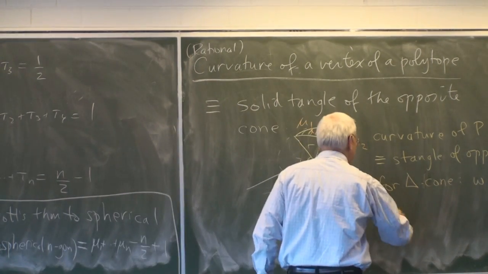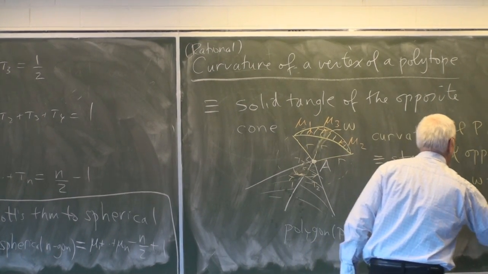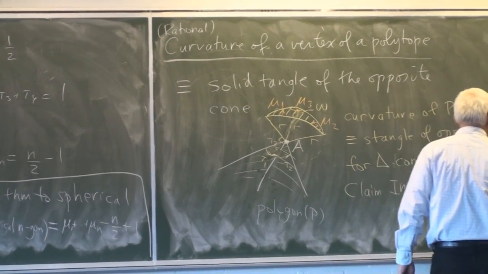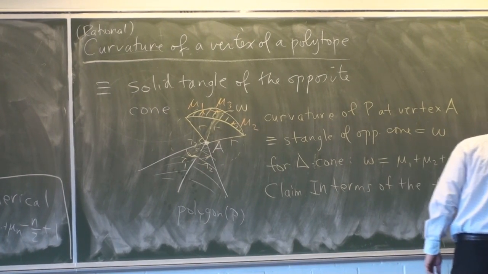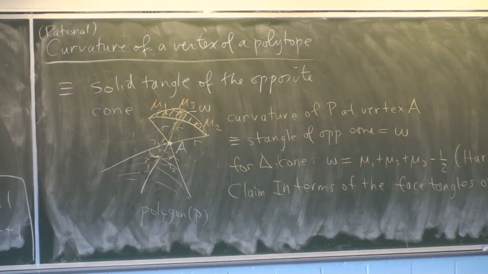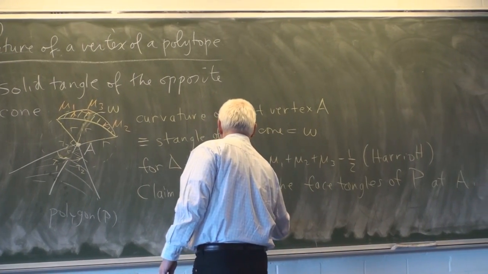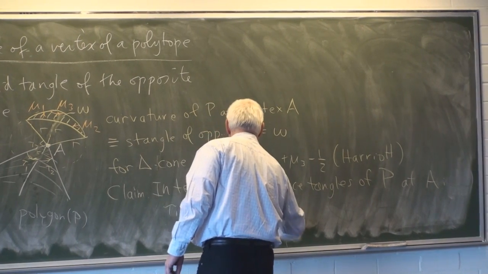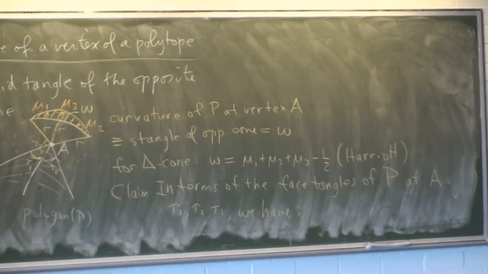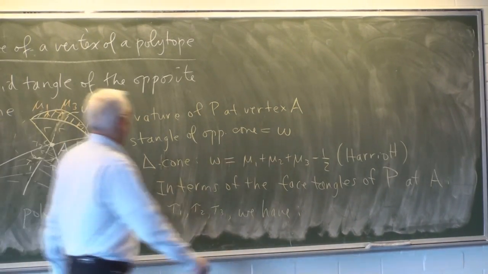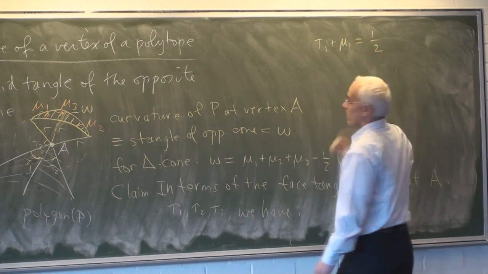So I claim that in terms of the face tangles of the polygon P at A, which maybe are tau 1, tau 2, and tau 3, we have tau 1 plus mu 1 equals a half.